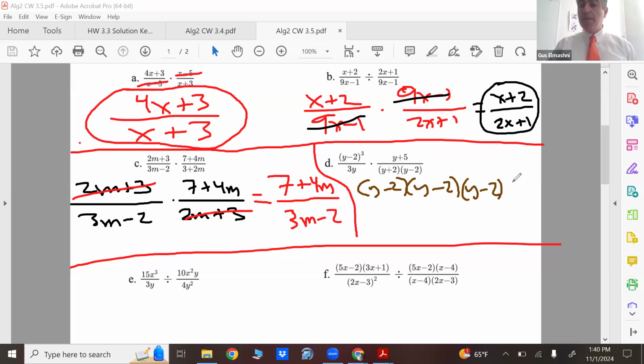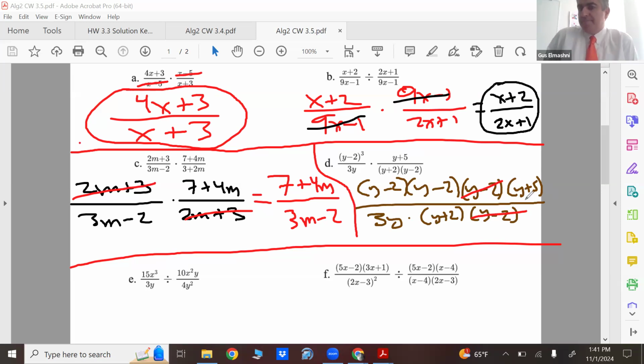And then down below, I just have 1. You see those y minus 2's cancel? And that's it. That's the best we can do. You can leave it like that.